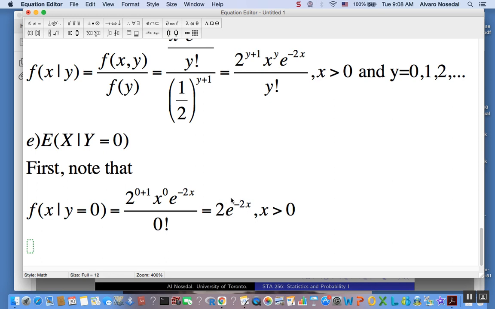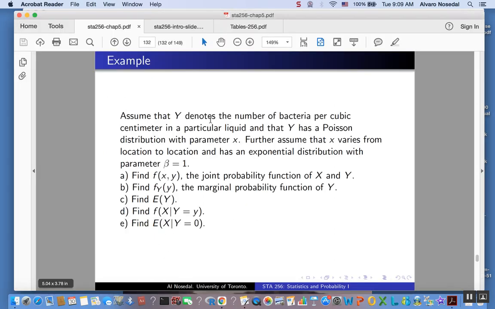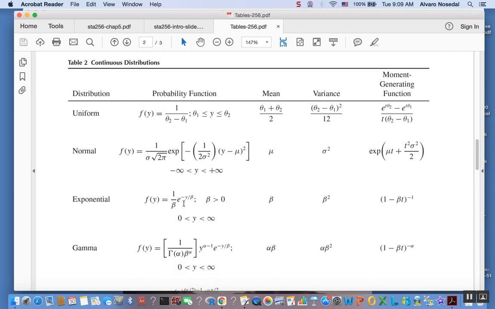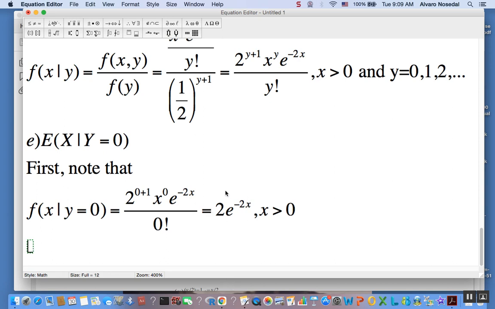This guy looks like an exponential with parameter 1/2. Let's go to our table. Exponential: 1 over beta e to the negative y divided by beta. So if beta were 1/2, I would have 2 e to the negative 2 times x. Nice. That's exactly what I have here, right?